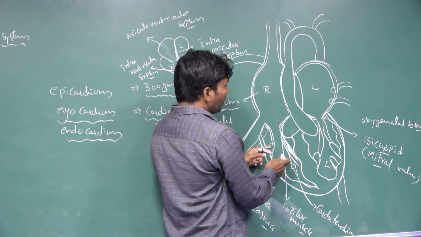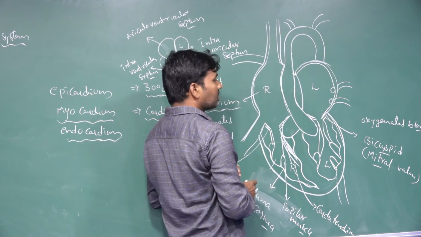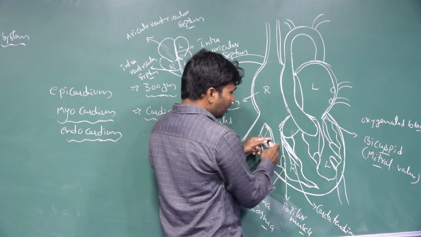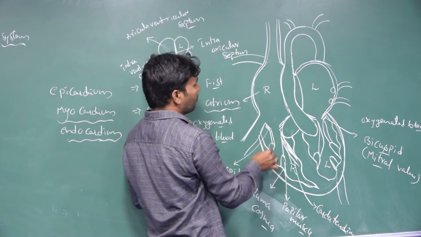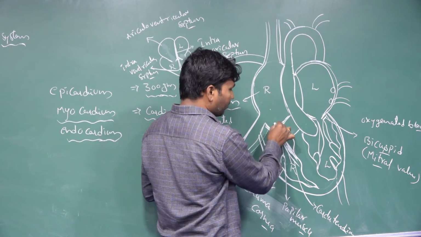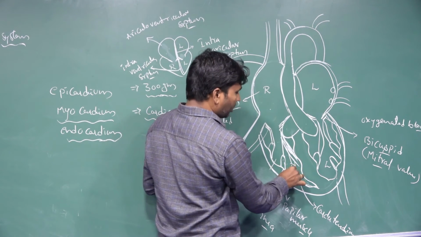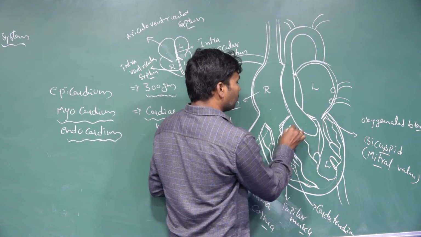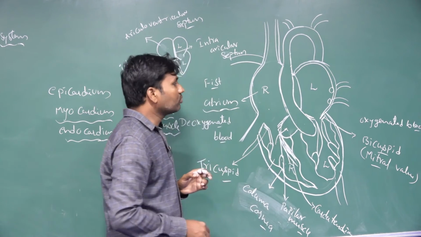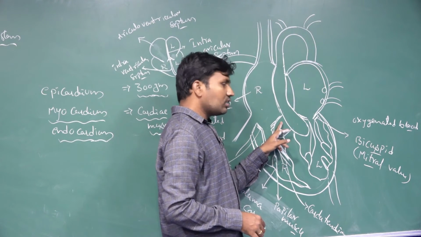Whenever deoxygenated blood collects in the right atrial chamber, it enters the ventricle through the opening of the auriculoventricular septum. When the ventricles contract, the blood enters the pulmonary artery for purification.